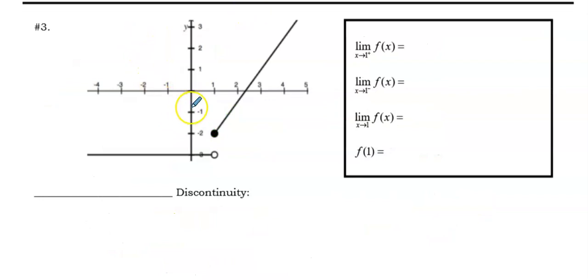For example number 3, again, we're looking at x equals 1. I'm not going to draw the line here, but you can visualize that there's a line for this. We're looking at x equals 1 from the right. When we approach this line, we see that the corresponding y value is equal to -2.